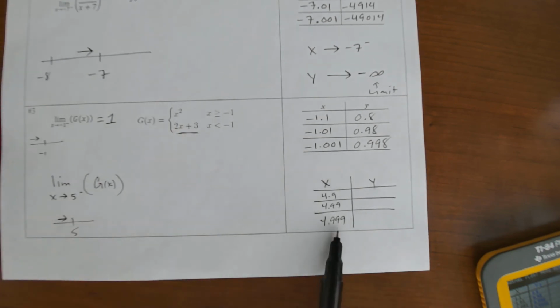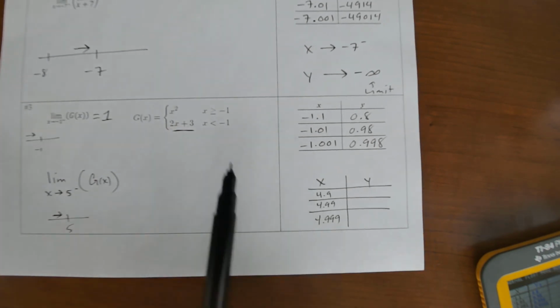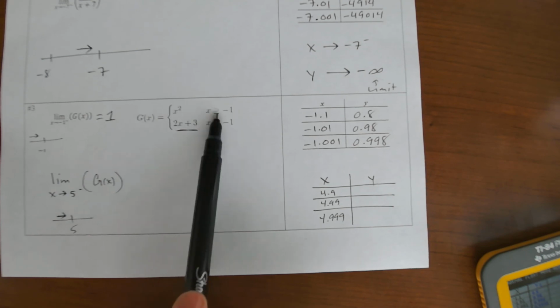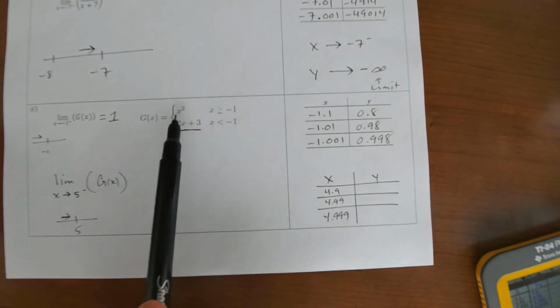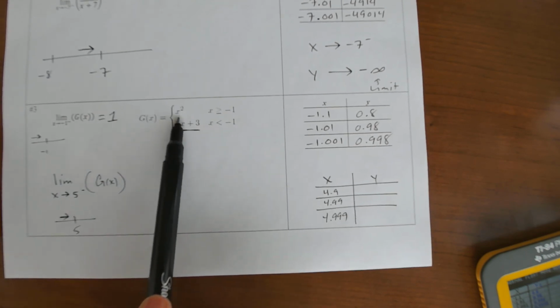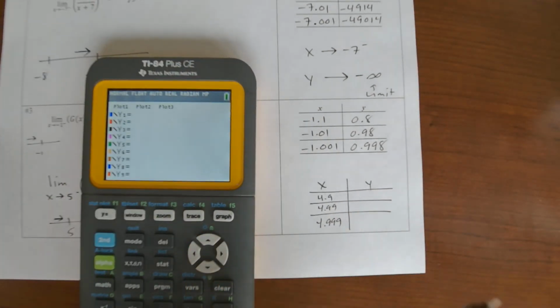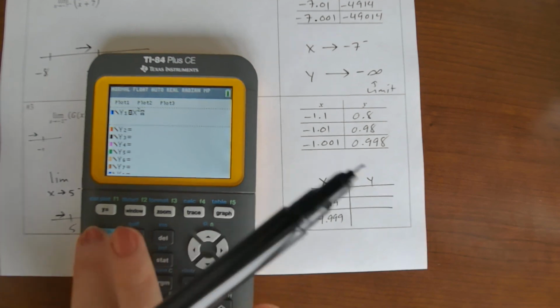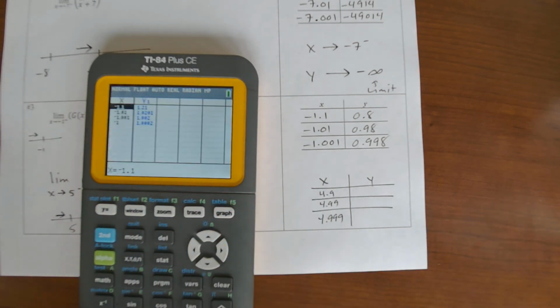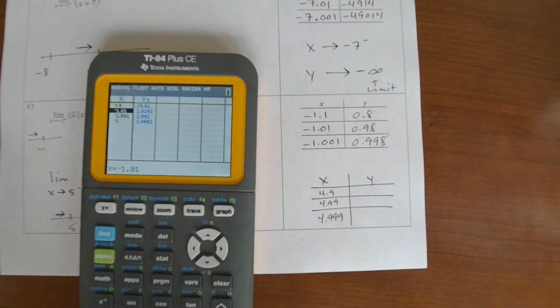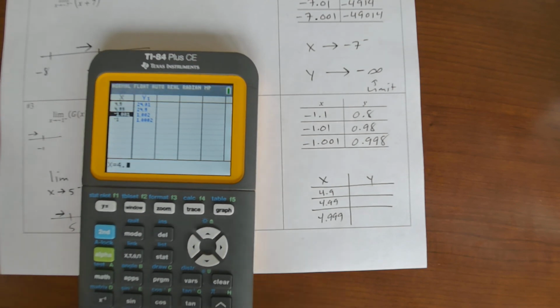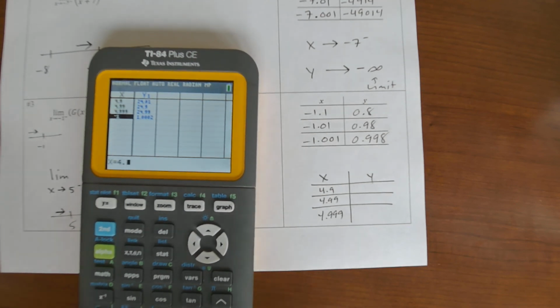These numbers are greater than negative 1, so I'd be using the greater than or equal to negative 1 part, which is x squared. So I go y equals x squared: 4.9, 4.99, 4.999, 4.9999.